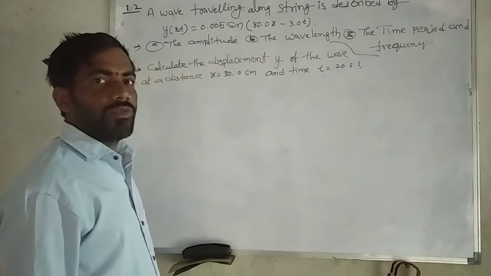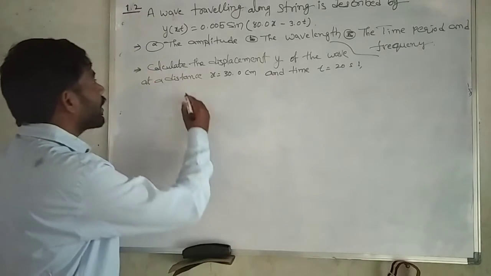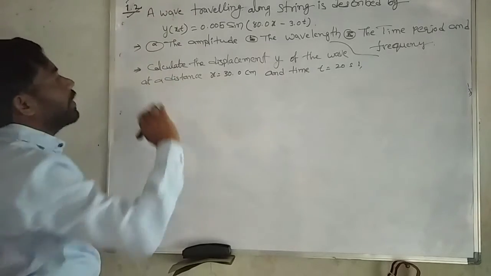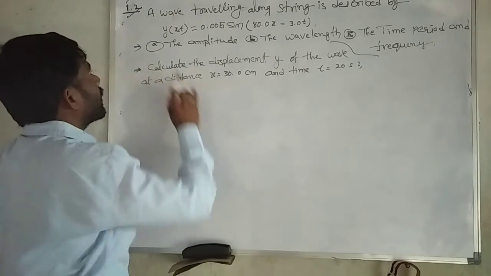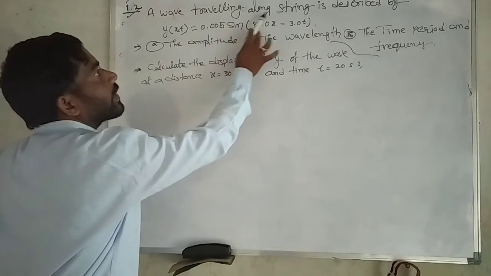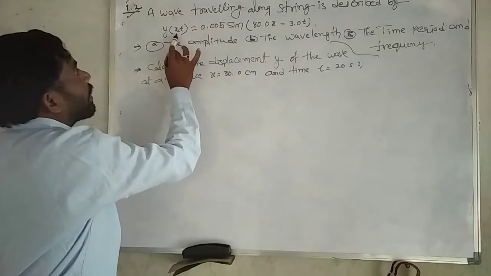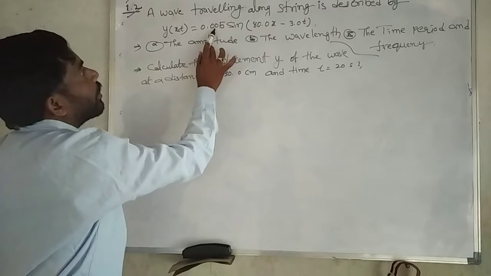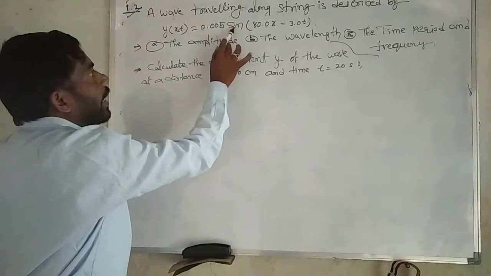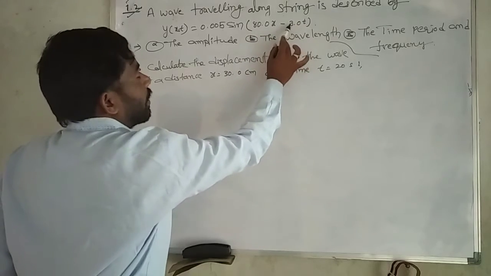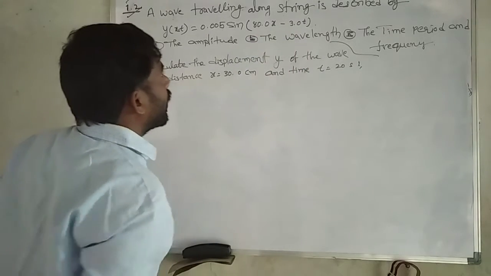Students, you solve some problems. This problem is taken from our textbook, example 1.2. In this problem, a wave traveling along a string is described by y of x, t equal to 0.005 sin of (80x minus 3.0t).